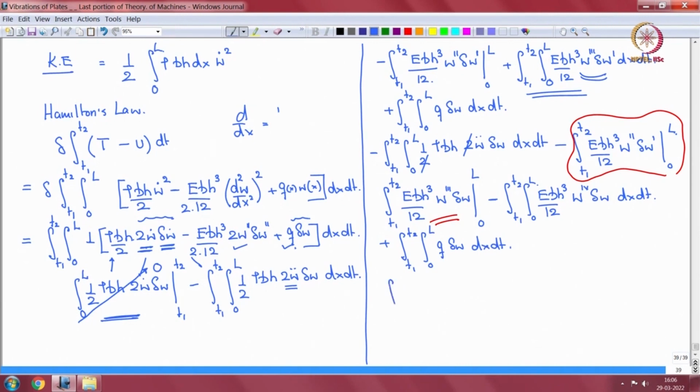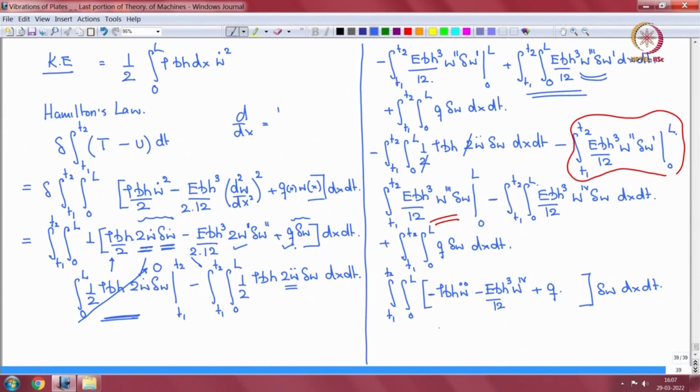I get integral t1 to t2, integral 0 to L, delta w dx dt, times minus rho b h w double dot, minus e b h cube by 12 w fourth derivative, plus q.